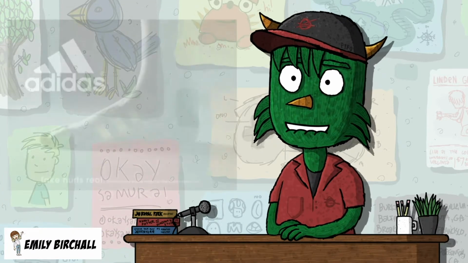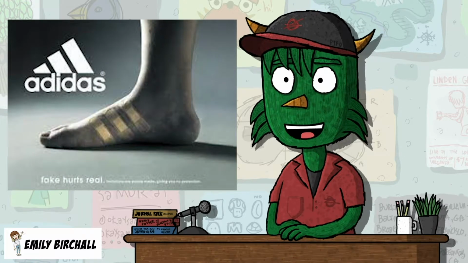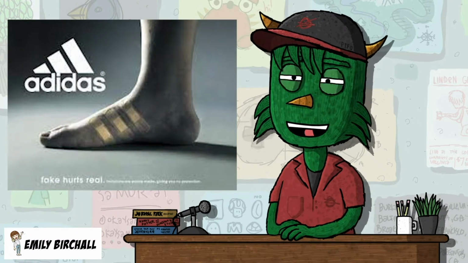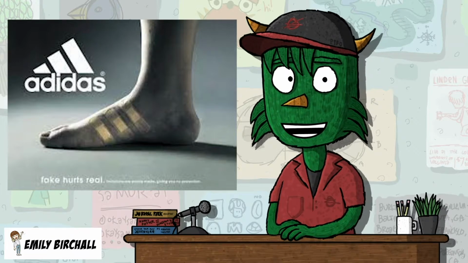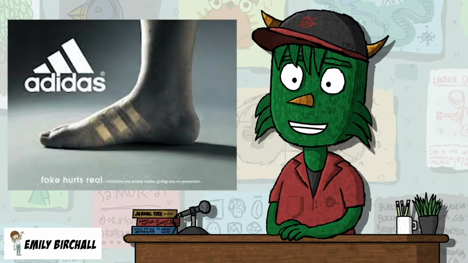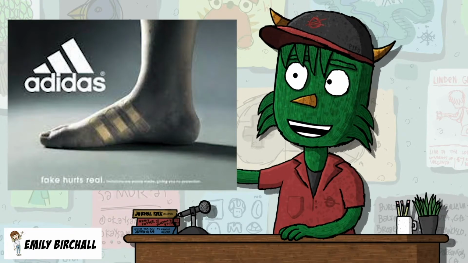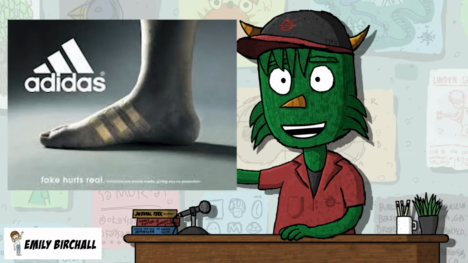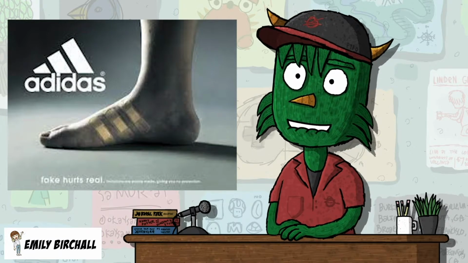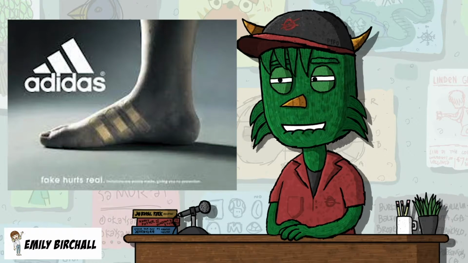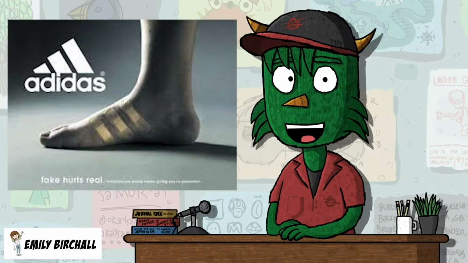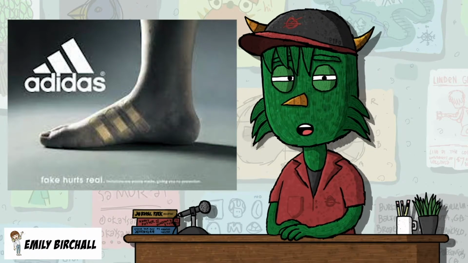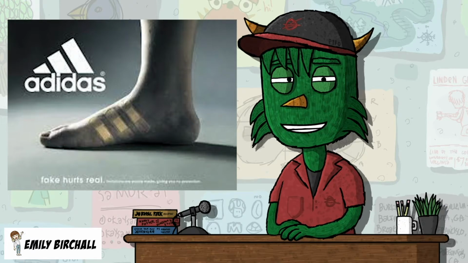A good example is the Adidas advert, "Fake hurts real," which implies the user was once wearing shoes that were not Adidas brand, resulting in an injured and sore foot. The image of the result implies some of the story, that the person has had a bad experience with shoes. Although we do not see them wearing these fake shoes, we understand and can probably imagine a time in our own lives where we had a similar experience of being uncomfortable in a pair of shoes.